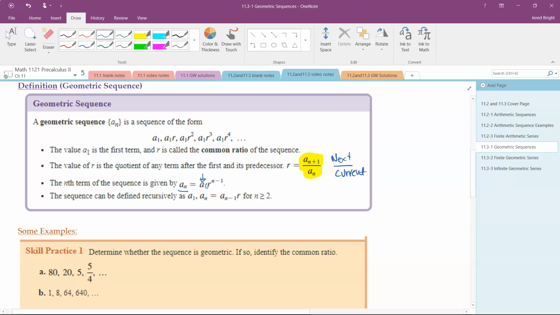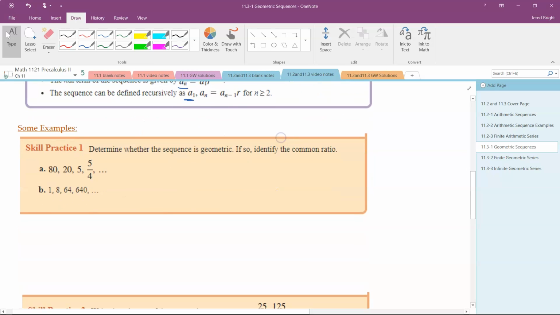Because we already have the first term, and then to get a second term, we would multiply by r, so on and so forth. Recursively, it's pretty much identical, but instead of having the exponent of n minus 1, you just have it as a coefficient. So you just do a sub n minus 1 times r, and you should have an initial starting point defined as well.